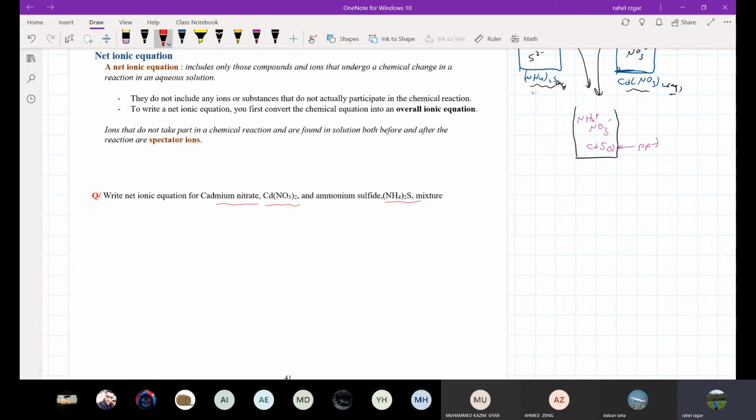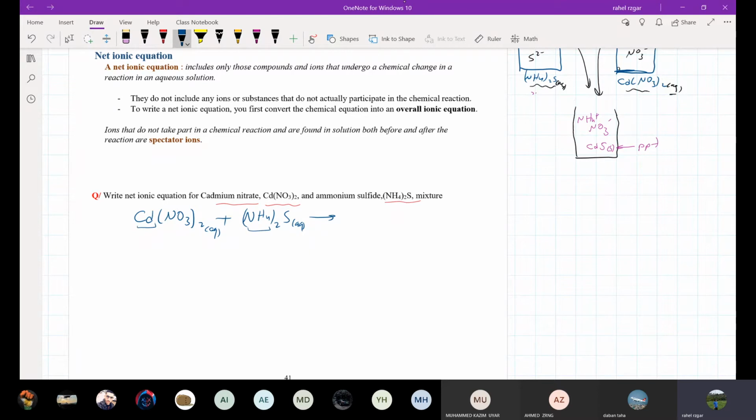When it says cadmium nitrate, it's Cd(NO3)2. This is, of course, aqueous. It is soluble. And it says for the solution of these two, then it becomes (NH4)2S. This is also aqueous. When we mix them together, the cadmium and the ammonium can change their places.